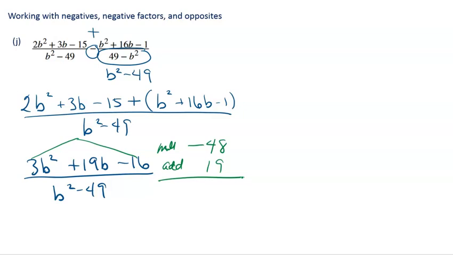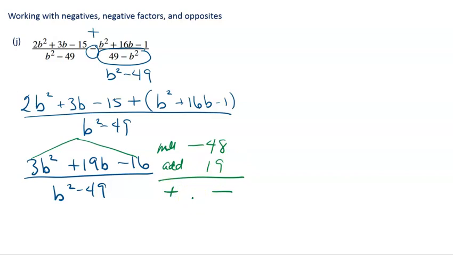But kind of like a problem we did just a minute ago, even the last problem, excuse me, the signs aren't right. So we need something that multiplies to be 48 negative. So one's positive and one's negative, and adds to be a positive 19.